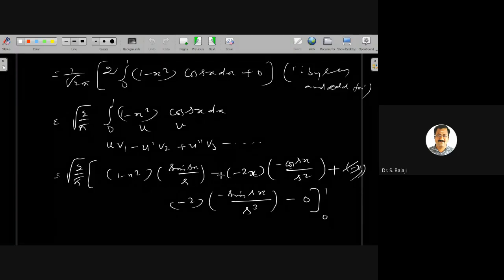Then plus, differentiation of the first factor, minus 2, into integration of the second factor, already a minus is there, so the integration of cos sx is sin sx, minus sin sx by s cube. Then the differentiation of the first factor is 0. Totally your limit will be 0 to 1.